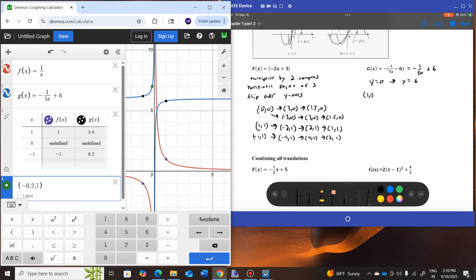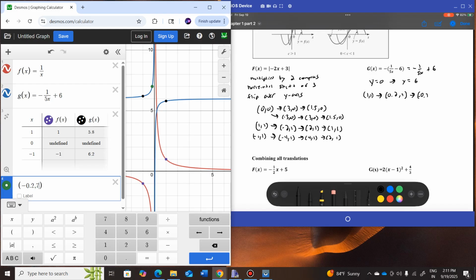Right, so I'm going to write this down. The 5 being multiplied to the x reduces this down to 0.2, 1. The negative sign here makes it negative 0.2, 1.